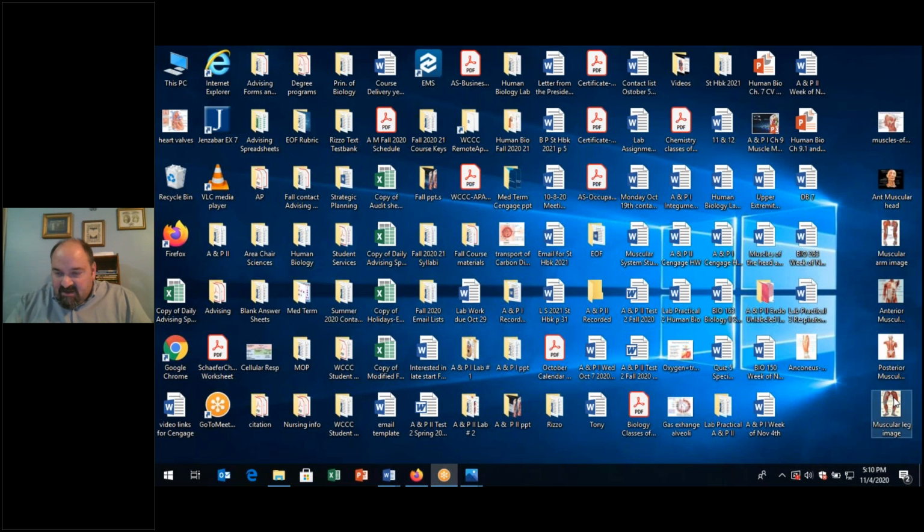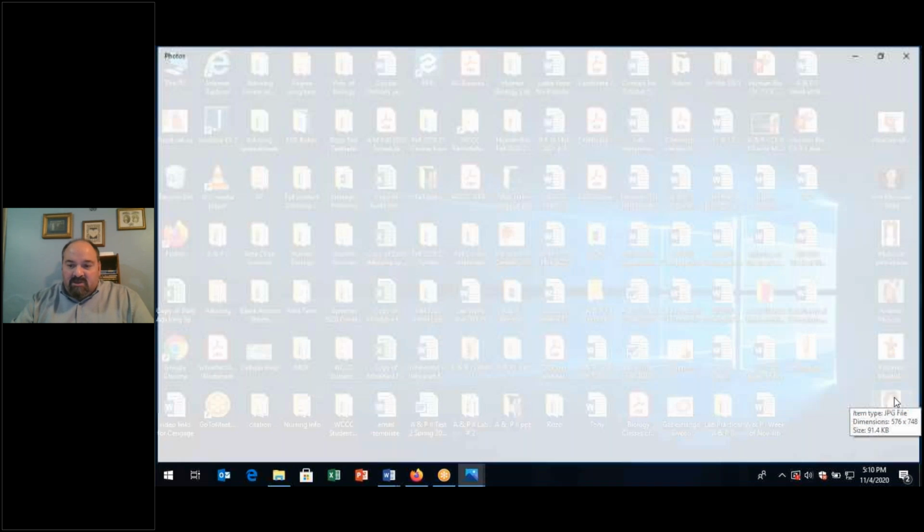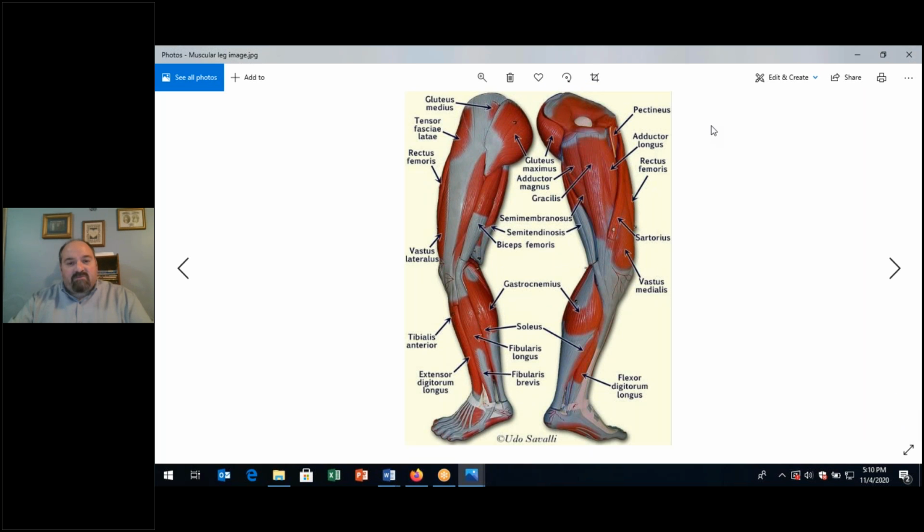And then lastly, this week I wasn't supposed to go over the lower extremity, but I would like to do that for you right now and just show you that, yes, there's quite a bit of muscles to know for this also. And I want to post this for you because this is the exact image of the models that you have in lab, that you'll be tested on.